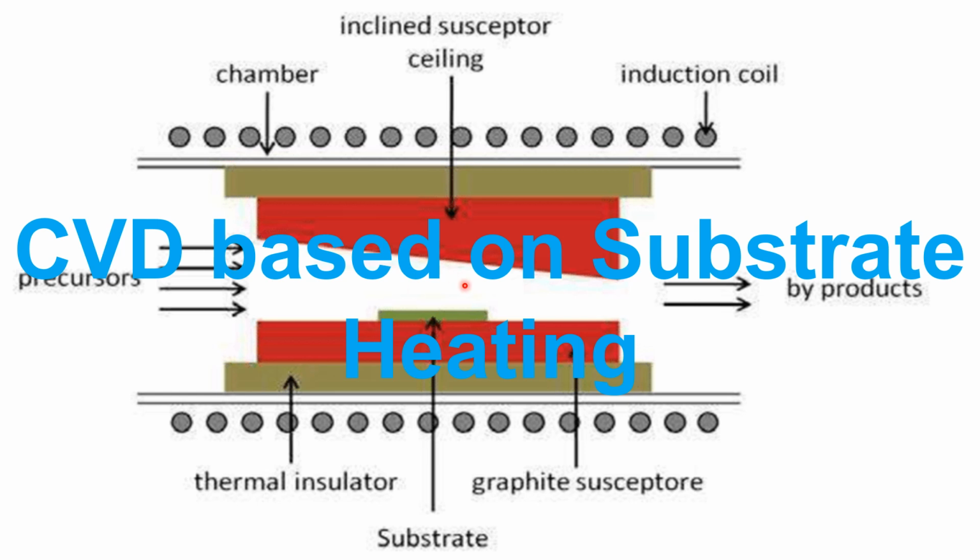First type of CVD process is known as hot wall CVD process, and second type of CVD process is known as cold wall CVD process.